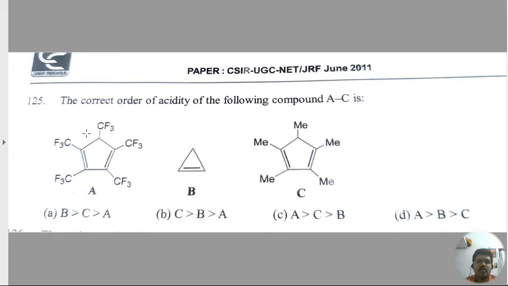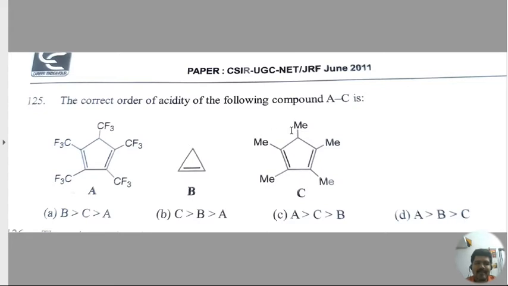So if you remove H plus from here, you will get an anion which is aromatic, right? But if you remove the H plus from B, you will get a negative part here which is anti-aromatic because it has 4 electrons, 2 from here, 2 from here, so it is anti-aromatic.